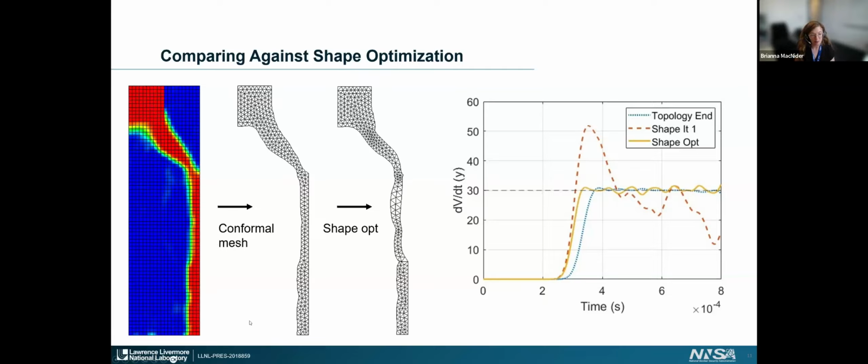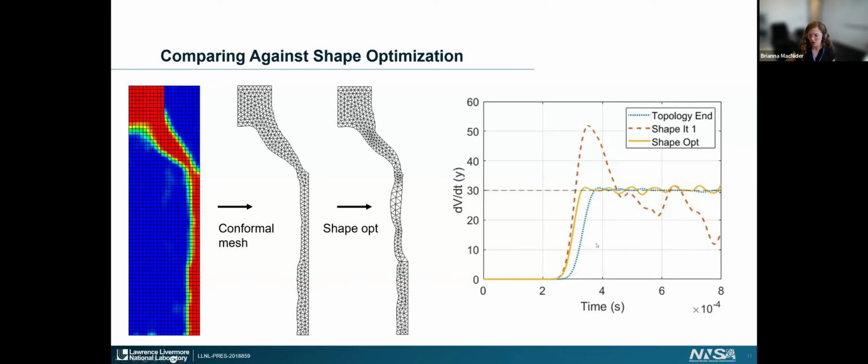And from the energy plots, it looked a little bit like there was some energy either being stored or propagating through these regions. So we took the extra step of going ahead and thresholding our design and making a conformal mesh out of it, which does change the design a little bit, but we got it pretty close. It looks like it's mostly the same shape. And then running the simulation again.